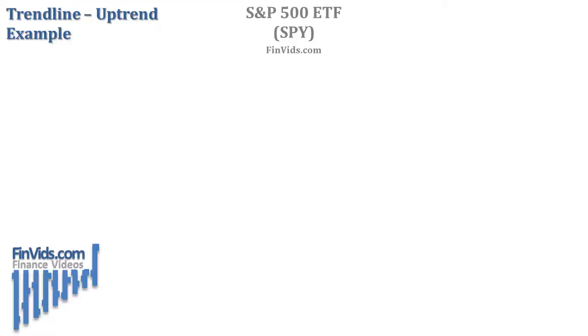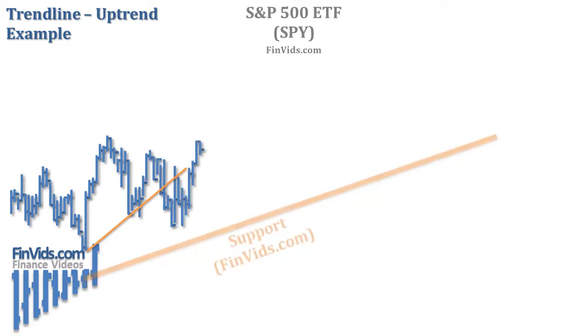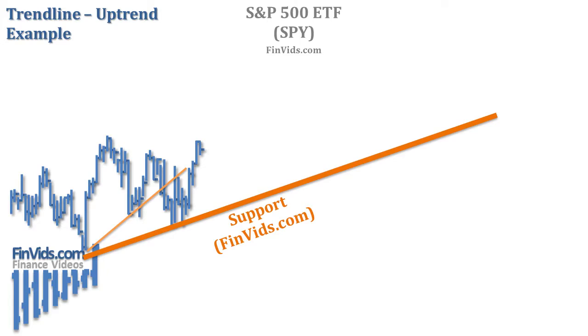Here we have an uptrend trendline example of the S&P 500 exchange traded fund. We have 2 lows connected, creating the uptrend. Then we have a breakout below that uptrend.